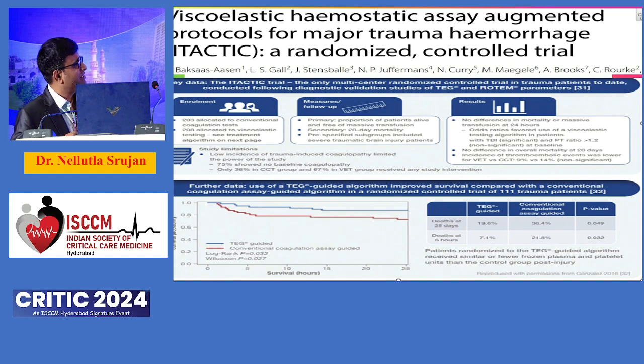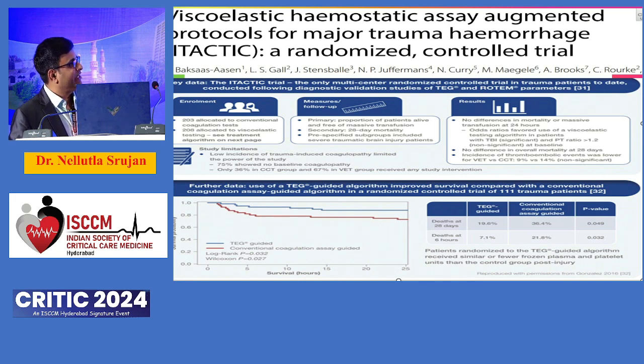This is the only multi-center randomized control trial in trauma patients to date, conducted following validation of studies of TEG and ROTEM. Here 203 patients were allocated to conventional coagulation tests and 200 patients were allocated to viscoelastic testing. The primary outcome they looked for was patients alive and free of massive transfusion, and the secondary outcome was 28-day mortality.